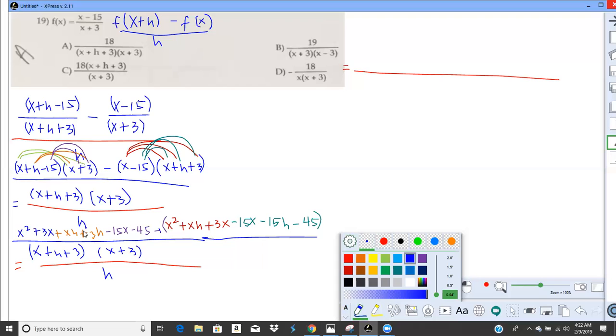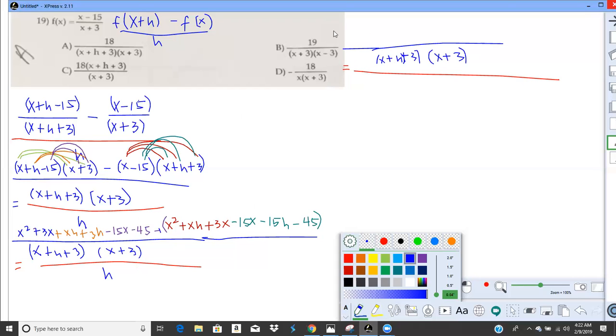I'm going to copy the denominator first: x plus h plus 3 times x plus 3. Now I'm going to work on the top. I'm just going to copy the first part, and everything else is multiplied by negative 1, meaning all their signs will change.